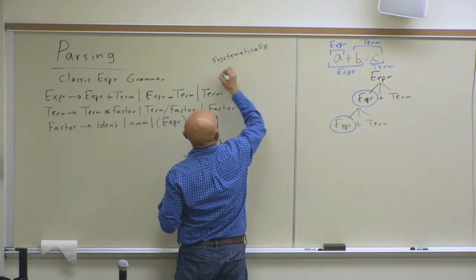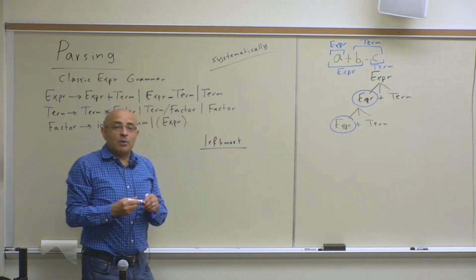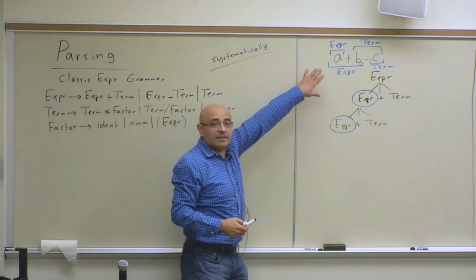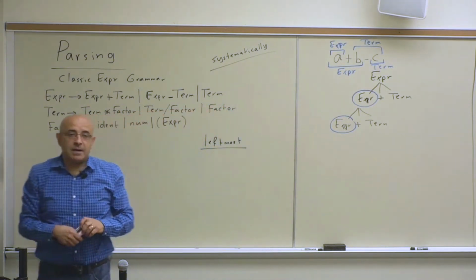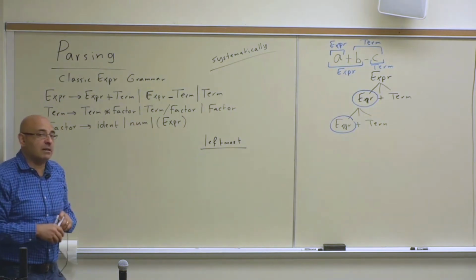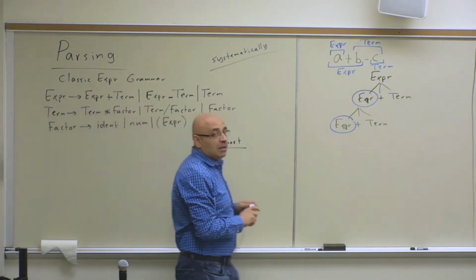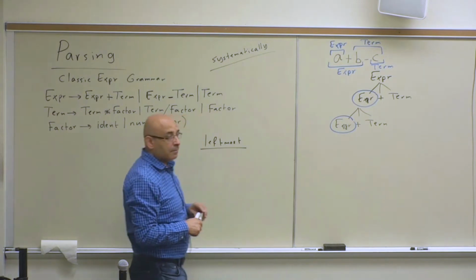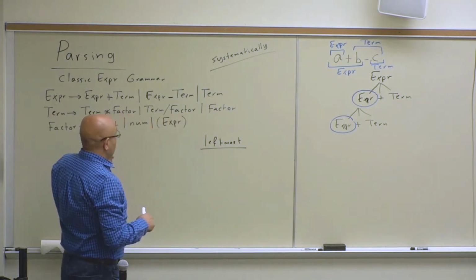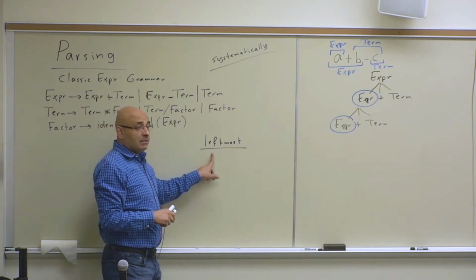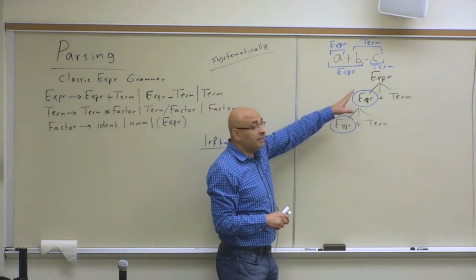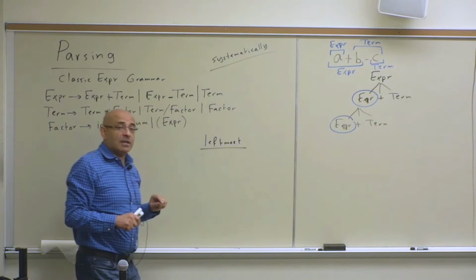Emphasize systematically. We're looking for something systematic. All of you know how to derive this manually, right? How to find the derivation manually. But we're looking for a systematic procedure that can process millions of lines of code. So the point is, with leftmost derivation and a grammar with left recursion, you will find yourself in an infinite loop.